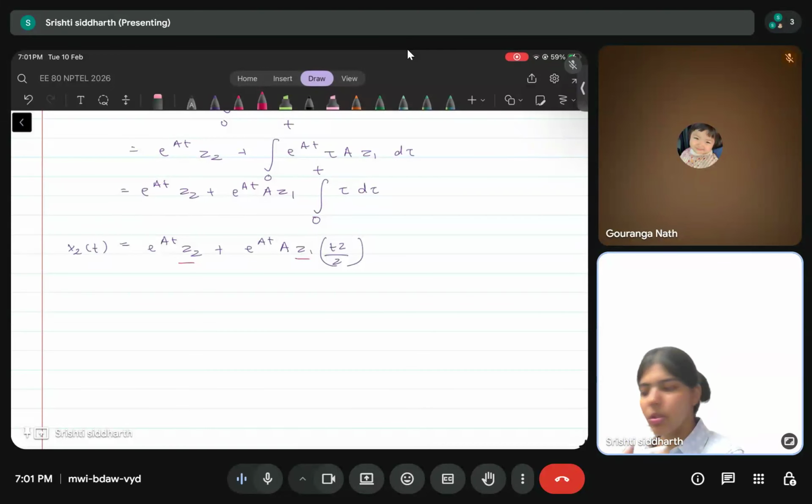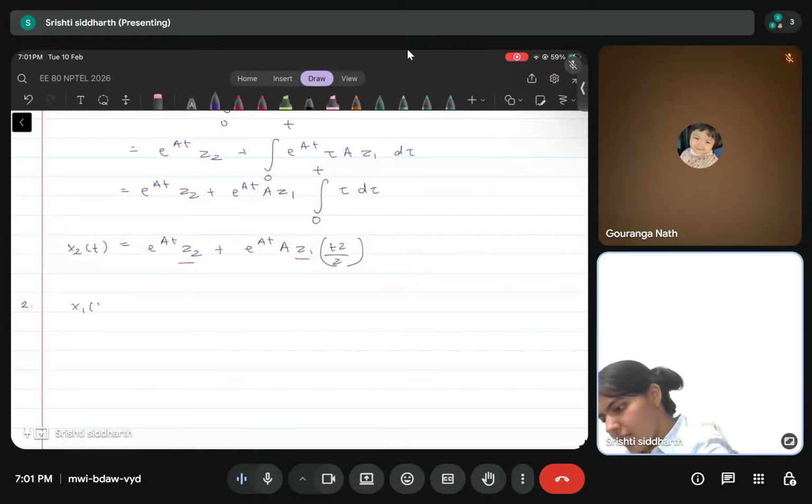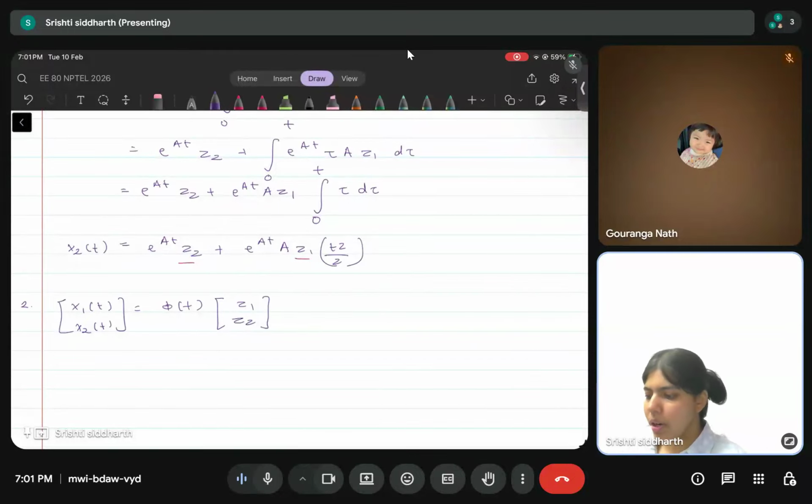And the second part was to find out the state transition matrix, right? So you can compute, since it's an LTV system, you can use the exponential series and plug in terms of each of the elements of the matrix, or essentially we have the state transition matrix as the relation between the state at t and this vector, right? And observe that we already have the solution in terms of Z1 and Z2.